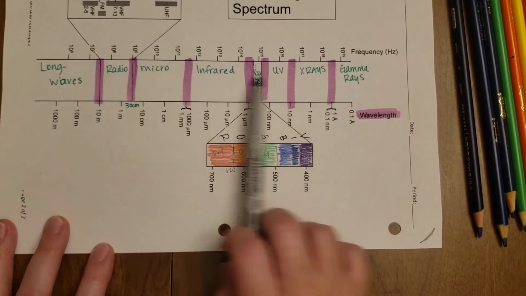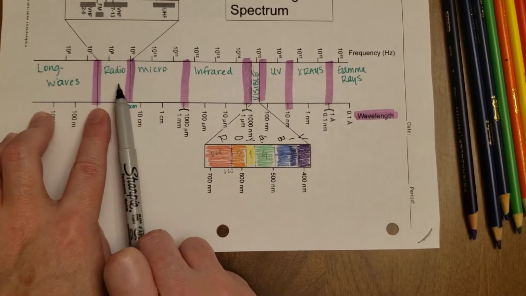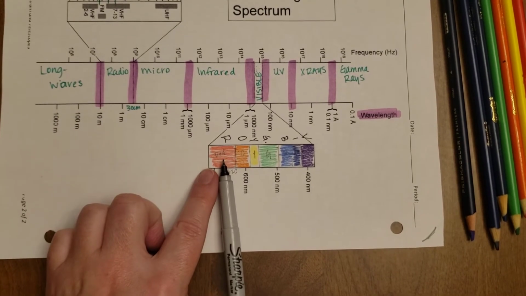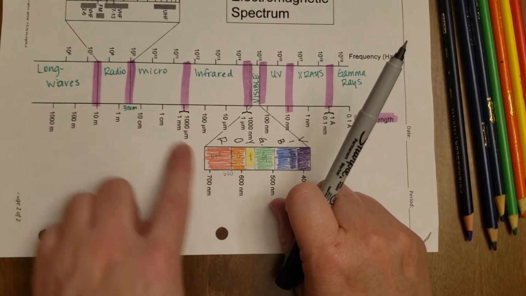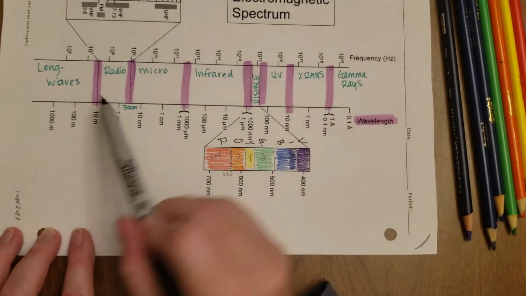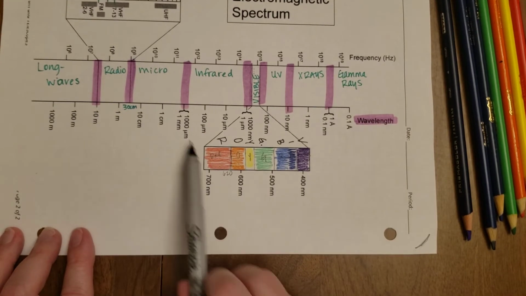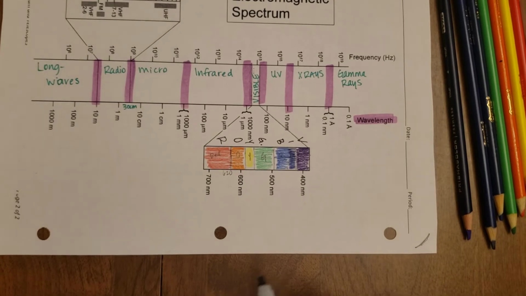So if you were to lay this out and you were to have radio waves, whatever side radio waves are on, that's where the red end of your visible spectrum is. So red and radio are always going to be together. So if they give you just this part and you don't know where visible goes, find radio waves, and then the red end of the visible spectrum is on that side. So that's about the only trick for you that I have.